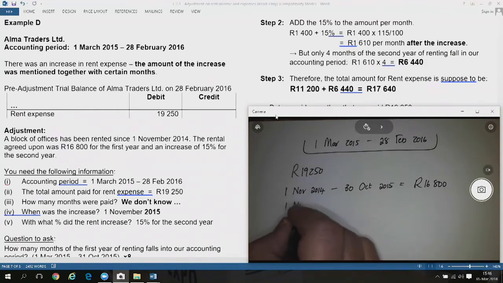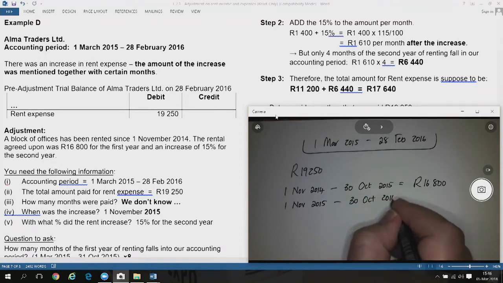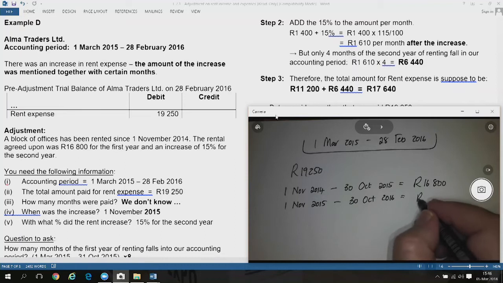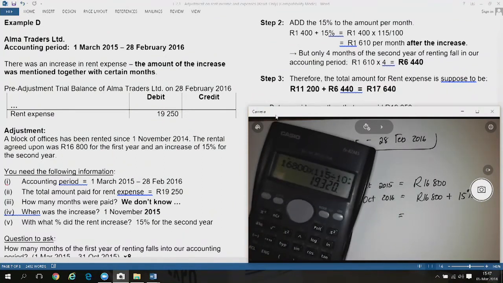And then from the 1st of November 2015, for the second year, the rent is 16,800 plus an increase of 15%. So if you say 16,800 times 115 divided by 100, that gives you 19320.